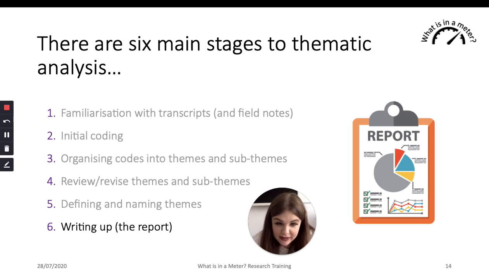Therefore, the level of technical information or jargon that is included should be really carefully considered and thought about to make it as accessible as possible.